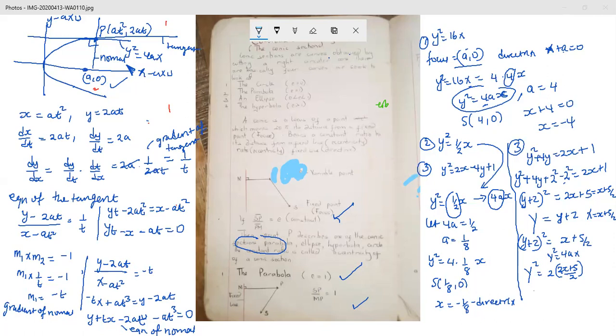I equate this silent 2 to 4a. That means my a is going to be equal to a half. So if my a is a half, then y squared would be equal to 4 times a half of capital X. Then my focus will be a half, 0.